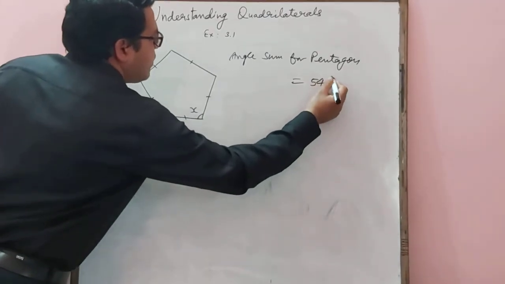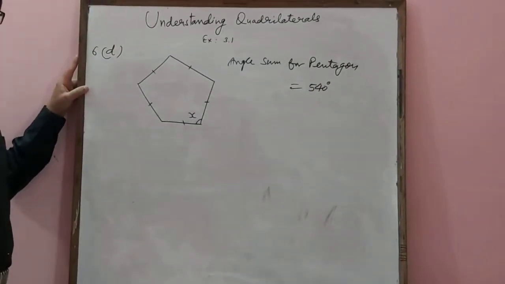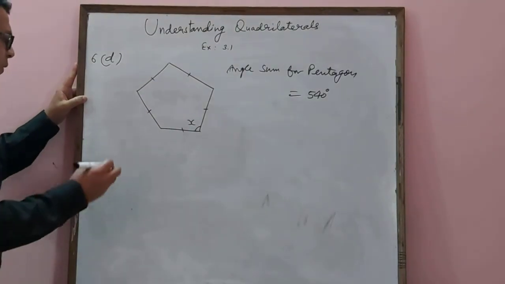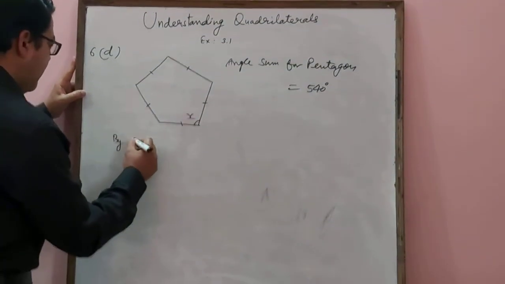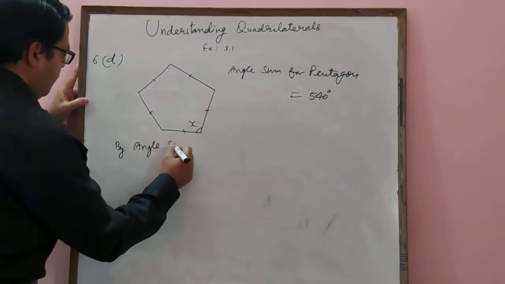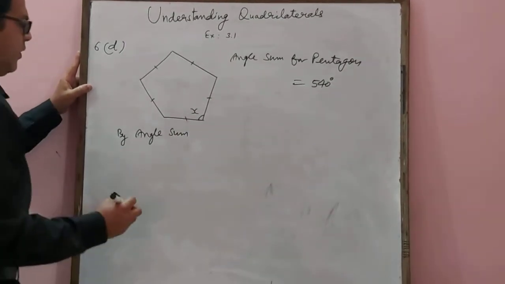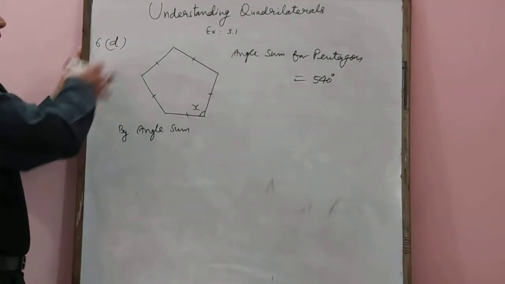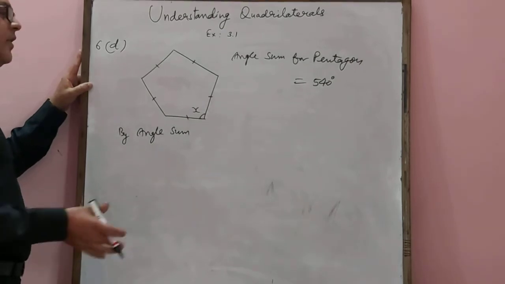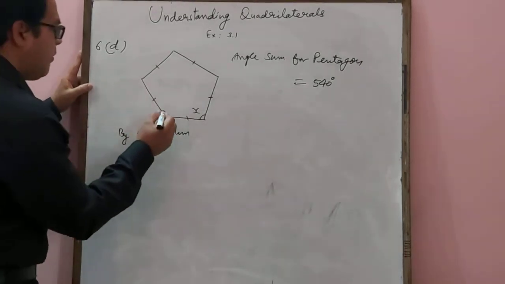In the previous question we have already calculated this. Therefore, by angle sum, since we know that it is regular, all sides are the same, therefore all angles will also be the same.